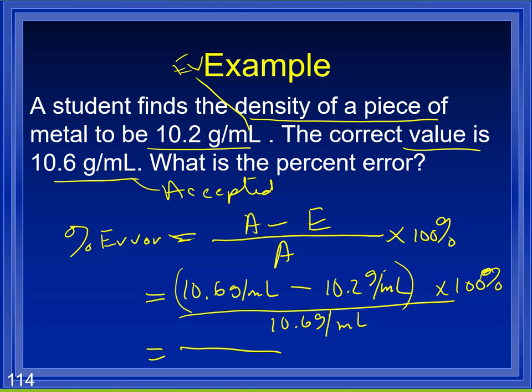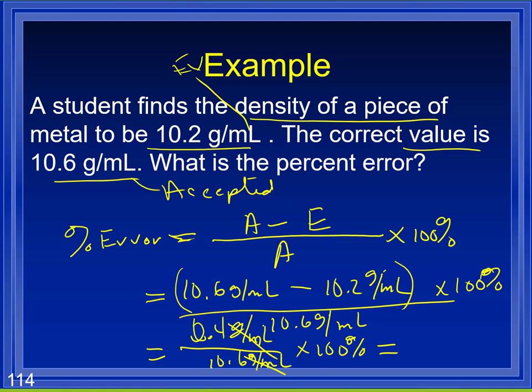So 10.6 minus 10.2 is 0.4 grams per milliliter. And I still got the 10.6 grams per milliliter on the bottom. Hey, grams per milliliter cancels out. That's good. Times 100%.